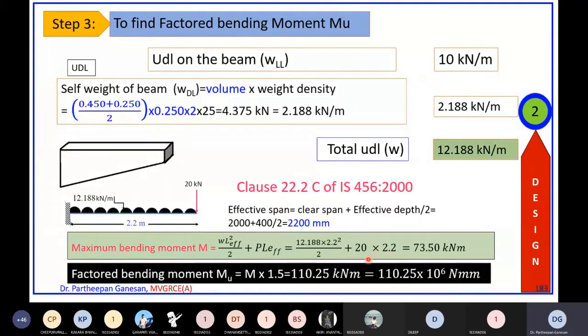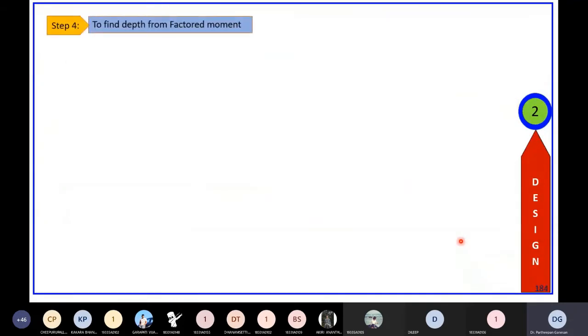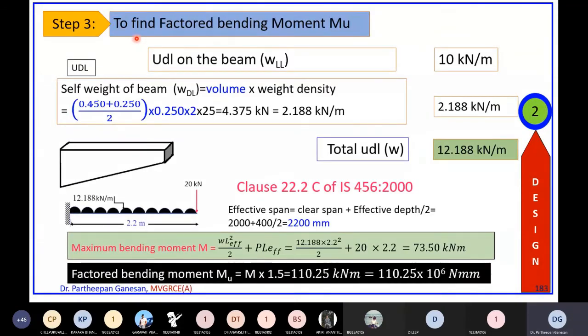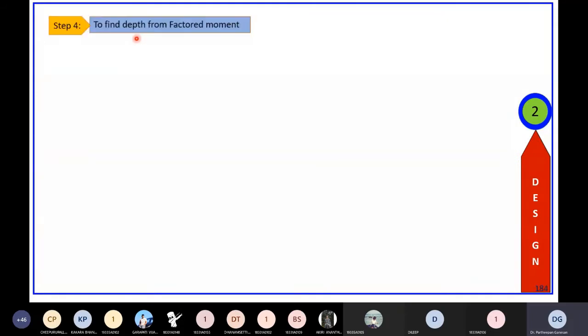So now this is the maximum factored bending moment, 110.25 × 10^6 Newton millimeters. Now from here on, everything will remain same. Now what is the next step? I will tell you the reason why you should also check if your depth is sufficient or not.